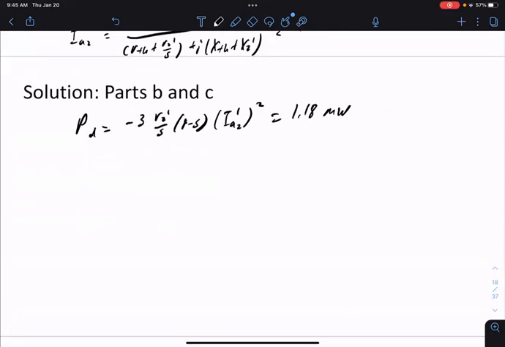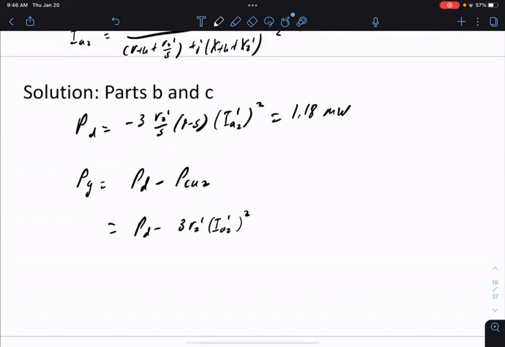The air gap power is the developed power minus the power loss in the rotor, PCU2. This is PD minus 3 R2 prime IA prime squared. You get 1.132 megawatts.